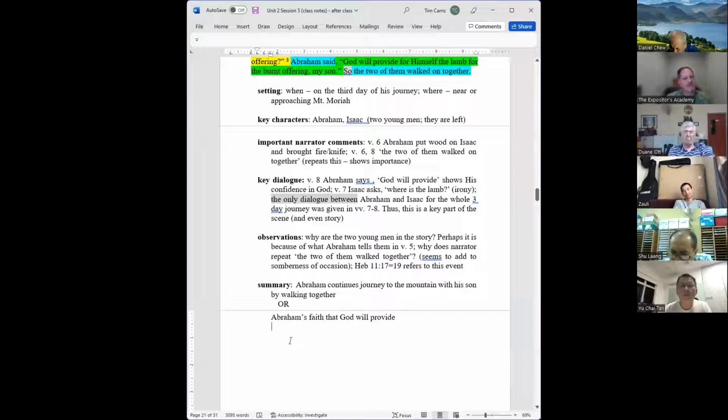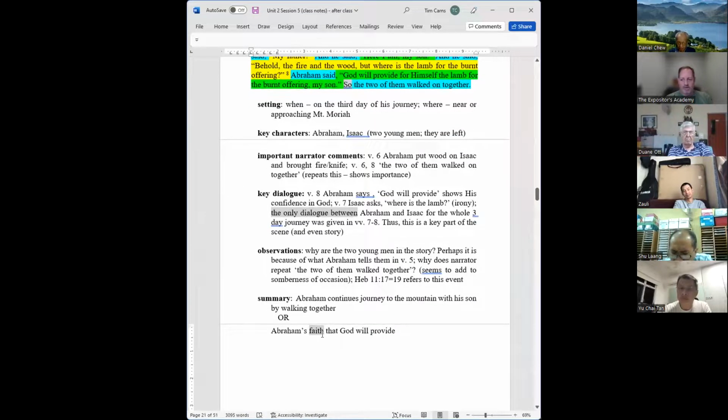At this point in the story, I might not include this idea of faith yet, because we don't know the whole story yet. If I were to include both of these sentences, I might say, as they walk together to Mount Moriah, Abraham tells Isaac, God will provide the sacrifice, or you could just say God will provide.